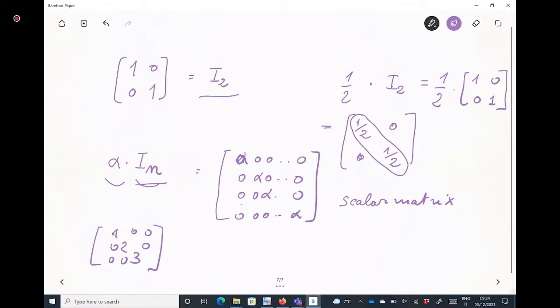Only the elements in the main diagonal are possibly different from 0, but they are not equal to each other. Diagonal matrix. Also, these diagonal matrices have some interesting properties. For instance, it is really easy to compute the determinant of these matrices.